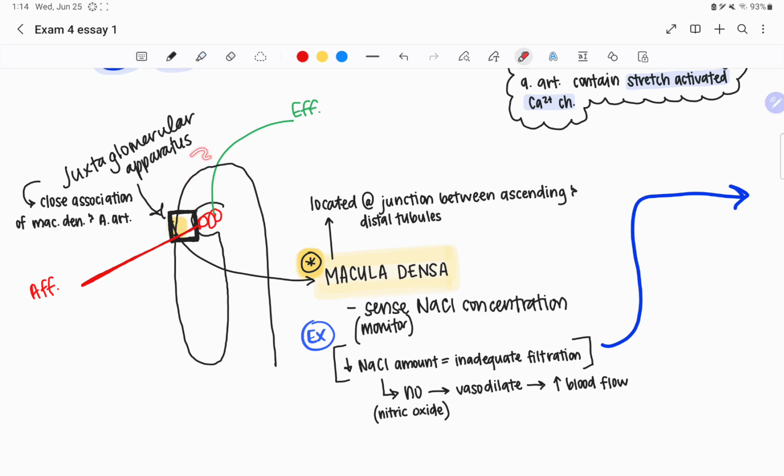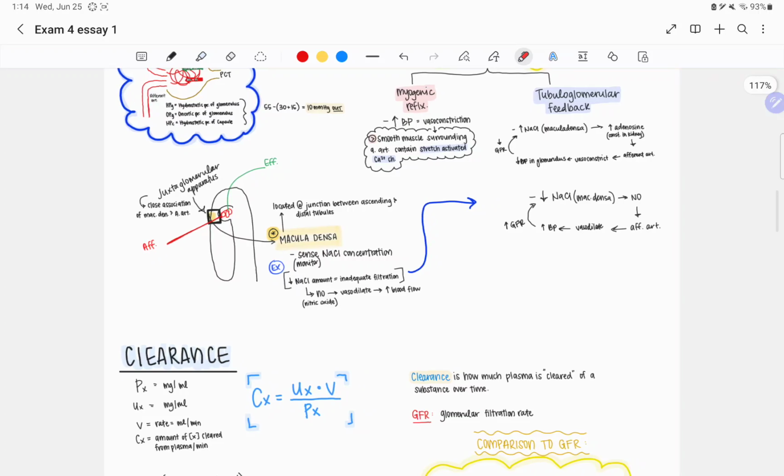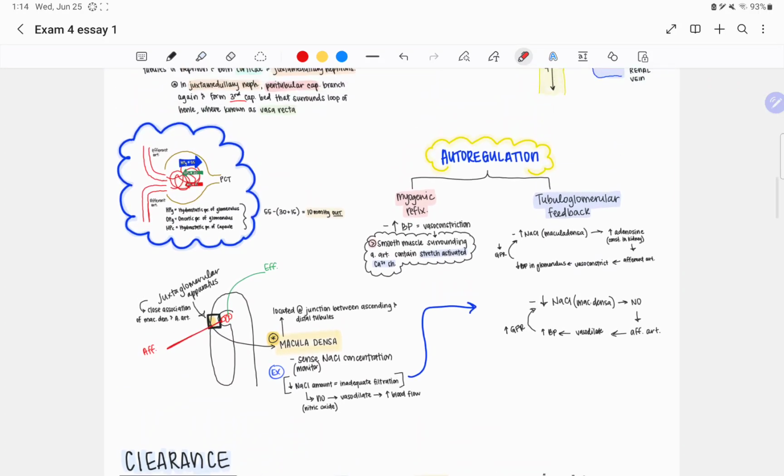But this is called the juxtaglomerular apparatus, and it's where our macula densa right here is in close proximity to our afferent arteriole, right? And so that helps us release renin and can help us with our tubuloglomerular feedback. Okay, I'm going to move on now.